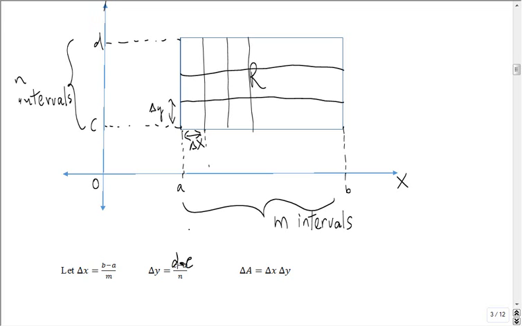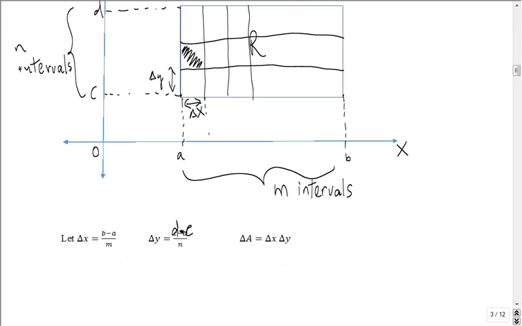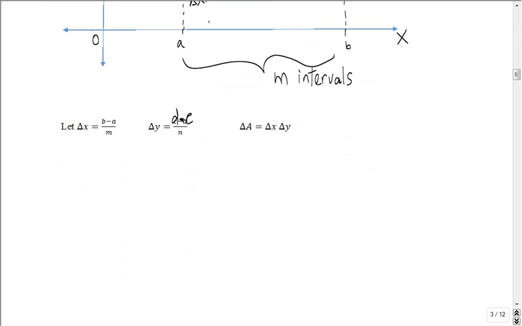And then we will need the area of each of these subrectangles. The area, let's call it delta A, is delta x times delta y. And mentally, I'm not going to draw this, you already have a picture of it.